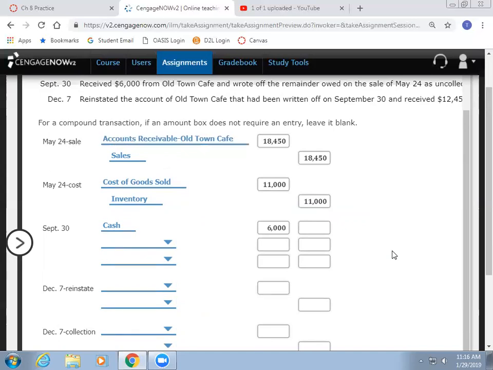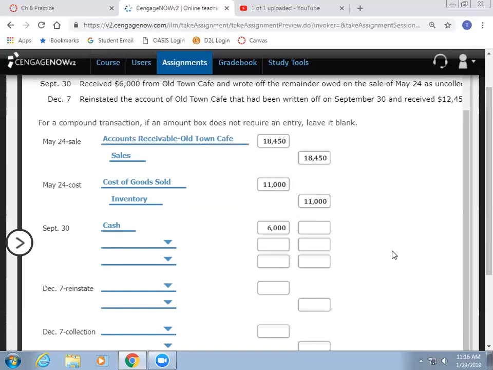We debited bad debt expense and credited allowance for doubtful accounts, which had a $30,000 balance. As a reminder, allowance for doubtful accounts is a contra asset account. What that means is it increases on the opposite of an asset side, so allowance for doubtful accounts increases on the credit side.